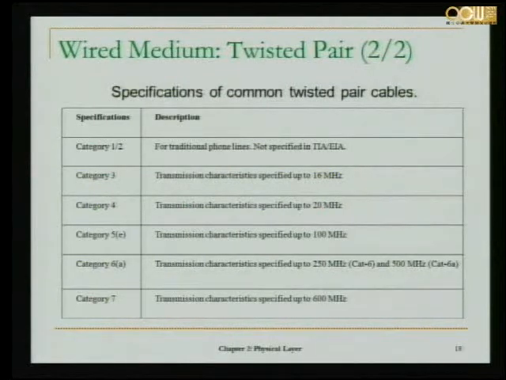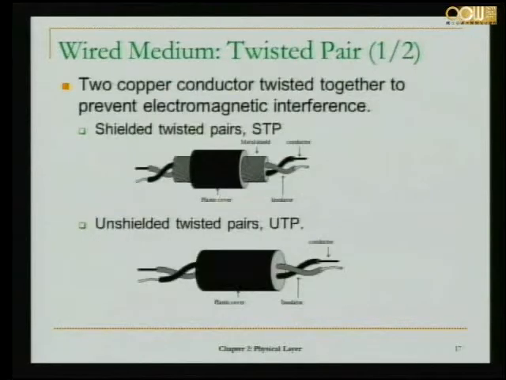You can go to high speed, but in short distance. If you go longer distance, it wouldn't scale. So that's the way you twist two copper wires.